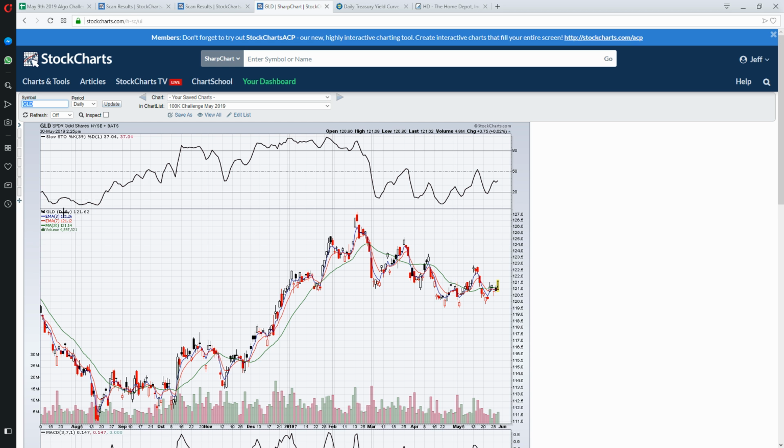You can see it in the raw number over to the left-hand side. GLD is the only potential challenge trade on the board, and in about 4 minutes, I'll take a look at the scan and whether it is or not. If it is, we'll go after it, and if it's not, we'll continue to wait.